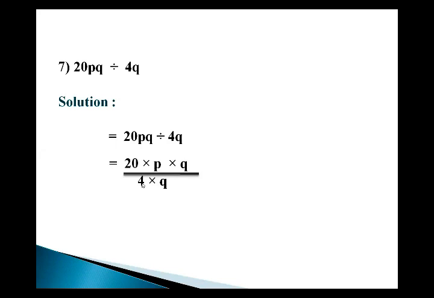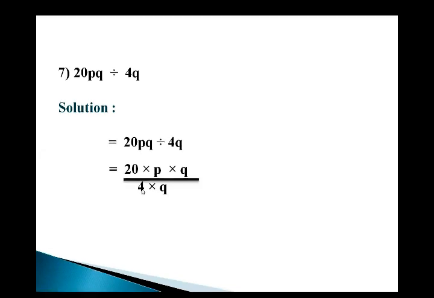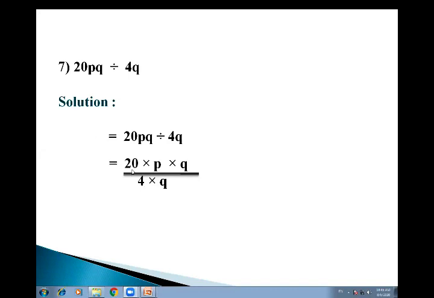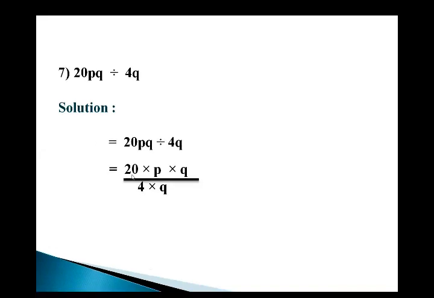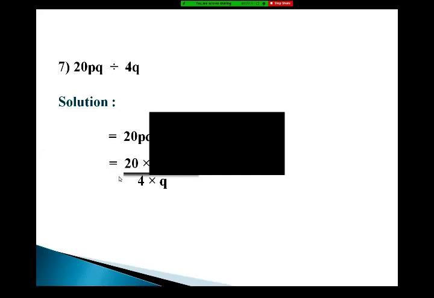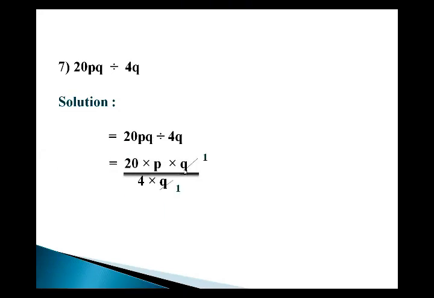How? Because in the table of 4 we have 20, 4 5s are 20. Then you cut 4 ones are 4, then you solve this 4 and 20, 4 ones are 4 and 4 5s are 20. There is just a 1 in the denominator. 1 into 1 is 1, and 5 into 1 is 5, multiplied by p.